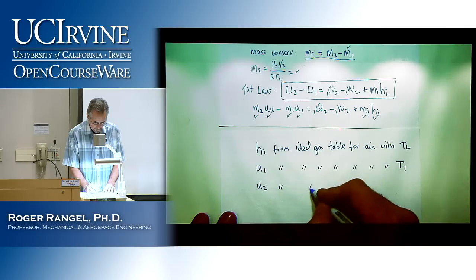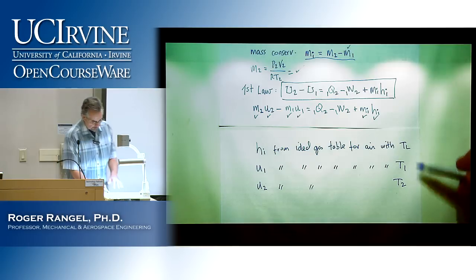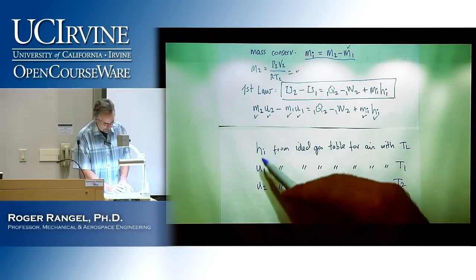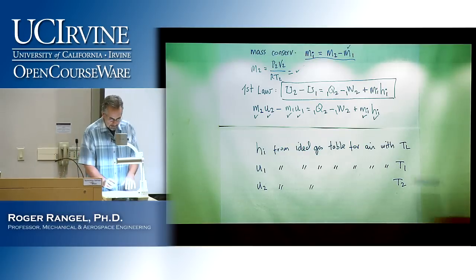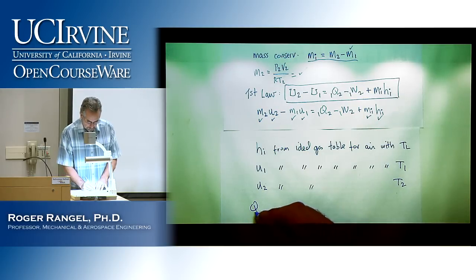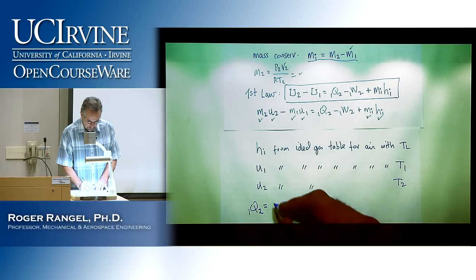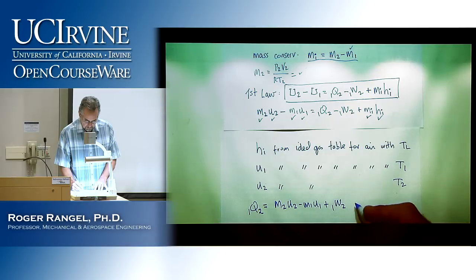So I read U2 using T2. So with my three temperatures which are given, I can read the enthalpy and internal energies that I need into this equation. So that only leaves two things, the heat transfer and the work. The heat transfer, of course, is one of the questions. We're asked to find the heat transfer. So if we solve for the heat transfer, M2 U2 minus M1 U1 plus W12 minus MI HI.